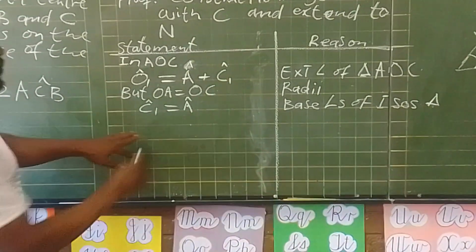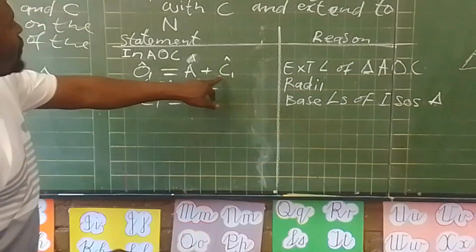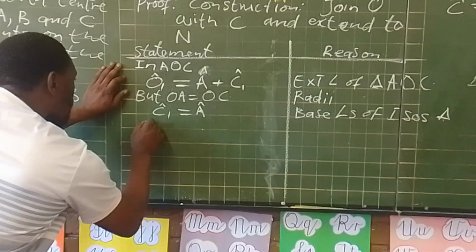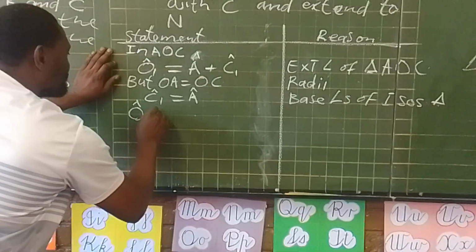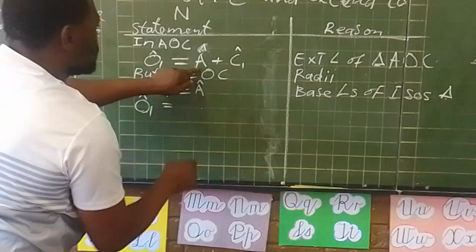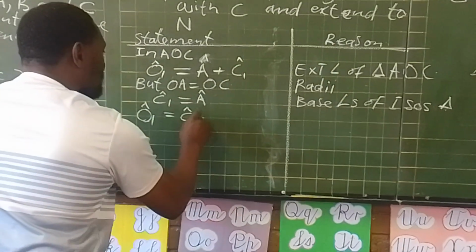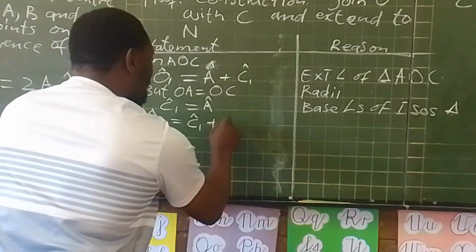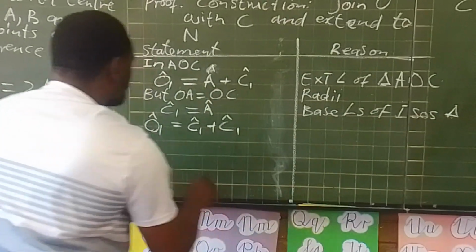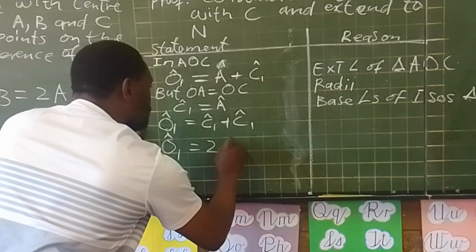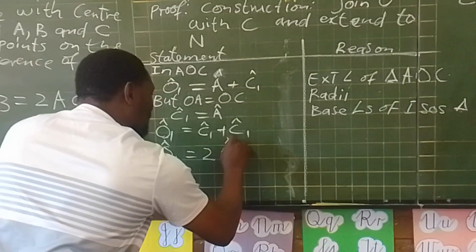If C1 equals A, then instead of A, we put C1. Therefore, O1 is equal to A, instead of A we say C1, plus C1. Then O1 is equal to 2C1.